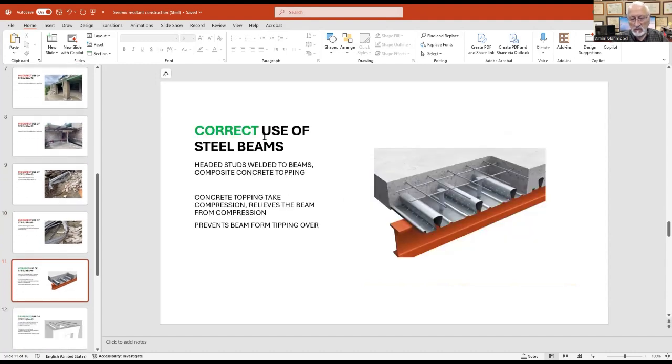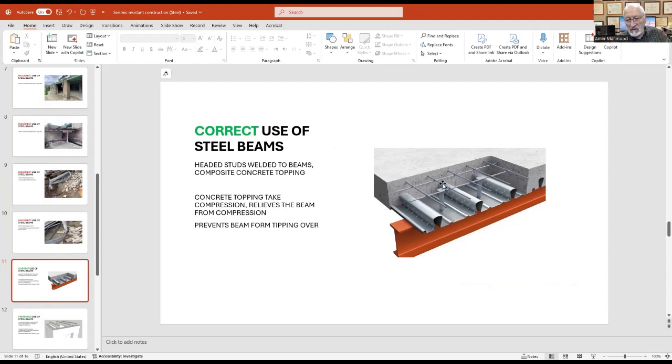This is the correct way, which is used in most developed countries: the United States, Japan, Germany, China. Headed studs are welded to beams. These are called headed studs, like a bolt. They are welded to the beams with a composite concrete topping on top of it. They have a machine that welds the stud and punches through the sheet metal. It burns through and welds to the orange-colored beam.